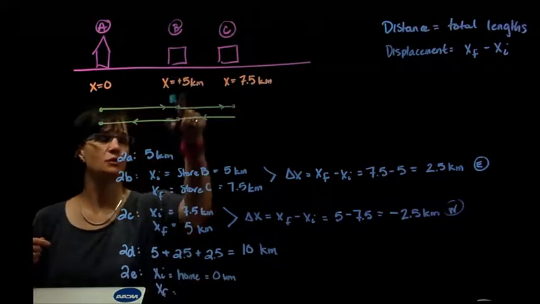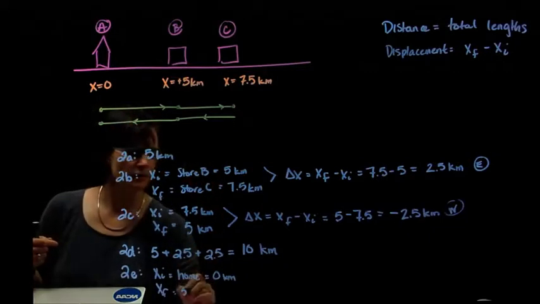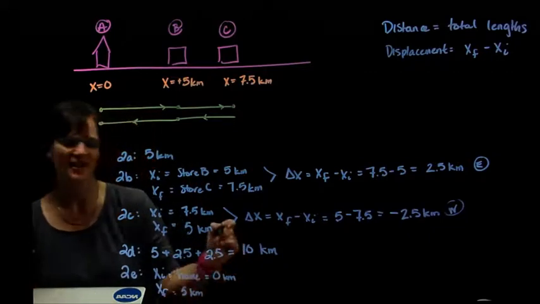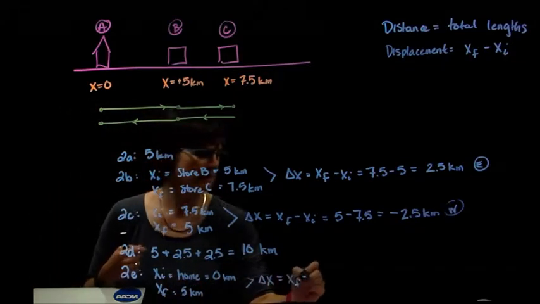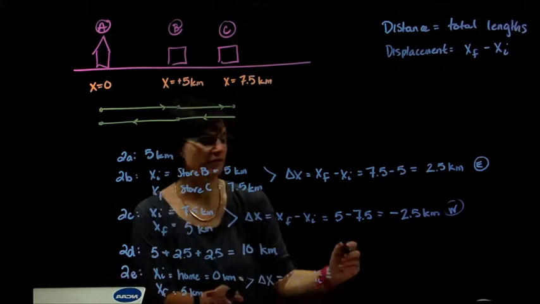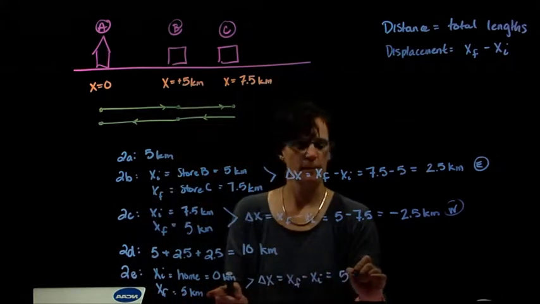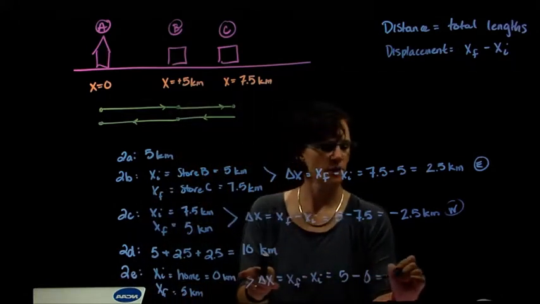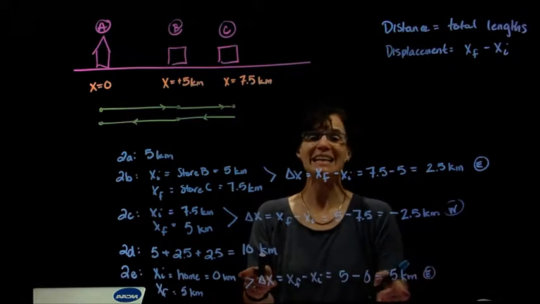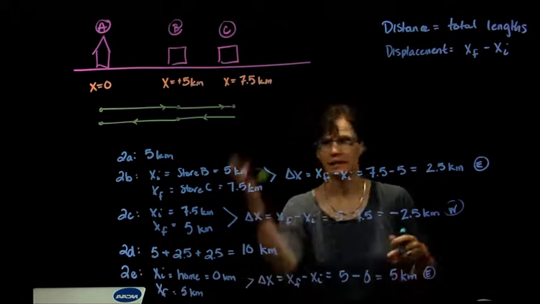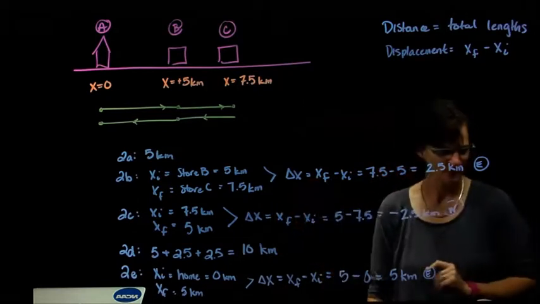She ends at store B, which we've already determined was at the 5 kilometers. And so if we look at our displacement, we see the final position is 5 minus my initial position of 0, a positive 5 kilometers. So she ended east of where she started, and indeed she did. She ended at the store.